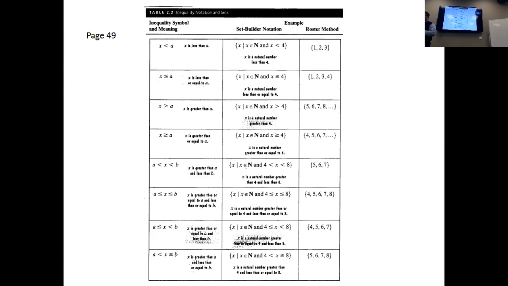Now, look at the next one. It says x less than or equal to a, where x is a natural number, and a is 4. All x that are less than or equal to 4. Now we are including 4, so it would be 1, 2, 3, and 4.